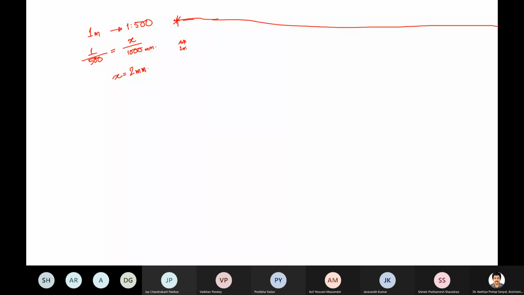This is 1 meter on a scale of 1 is to 500. I wish to represent 1 meter in a scale of 1 is to 2000. How much is it?